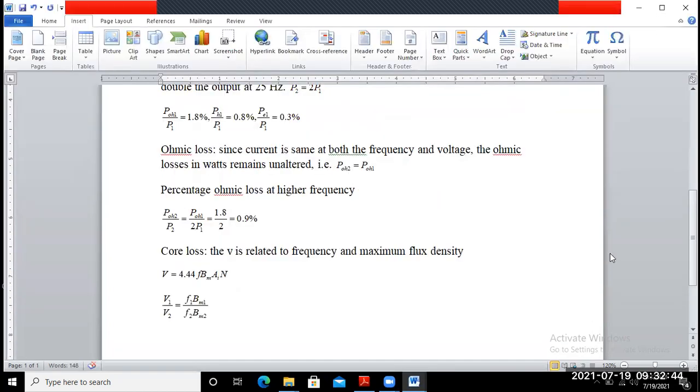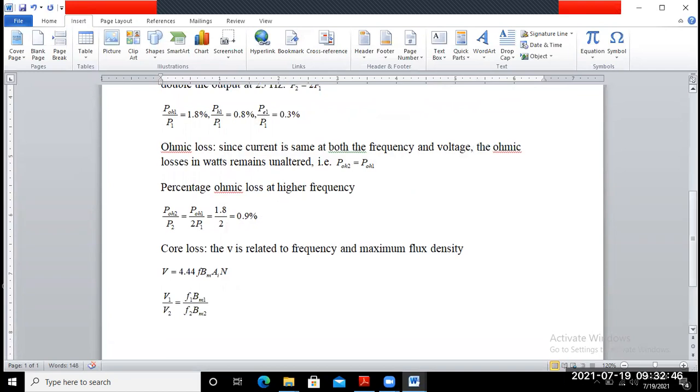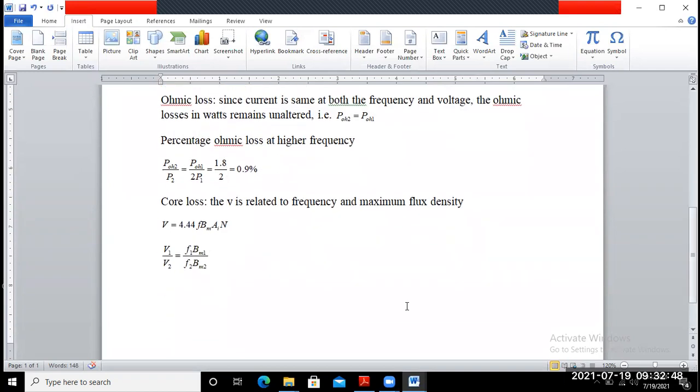Now just put in the values of V1, V2 and f1, f2 and find the value of Bm2 in terms of Bm1.